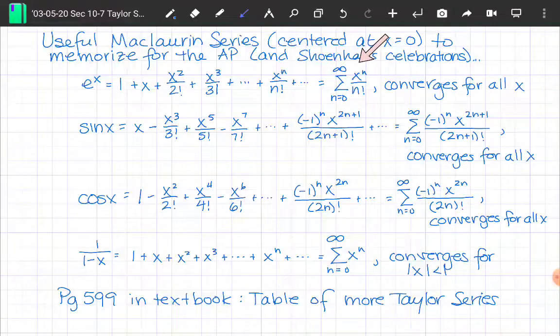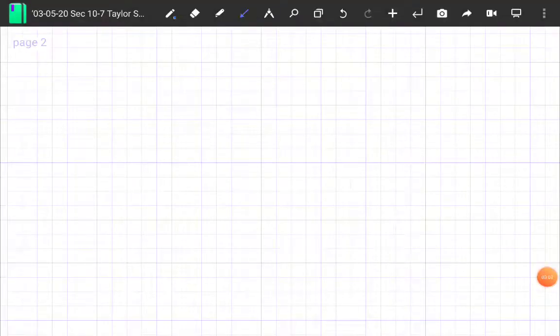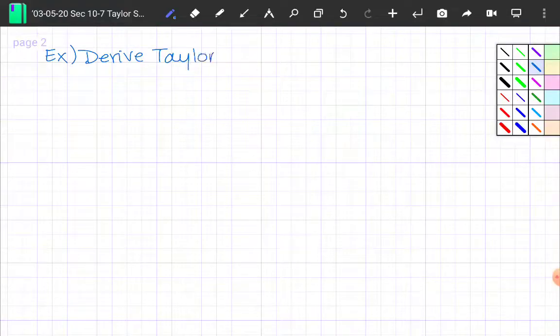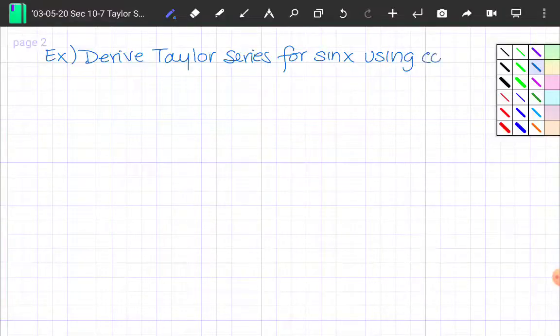All right, so what are we going to do with this stuff? Well, let's take a look. For example, one thing we can do here, we can derive the Taylor series for sine of x using the Taylor series for cosine of x and vice versa.